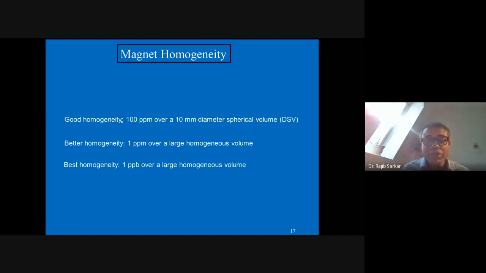For those doing condensed matter physics, like broadline NMR, it is okay. It will not hurt too much. You can survive with this. But if you want to do chemistry or very narrow line, then your magnet homogeneity has to be very good, like 1 part per million over a large homogeneous volume, or the best homogeneity, 1 part per billion, over a large homogeneous volume.